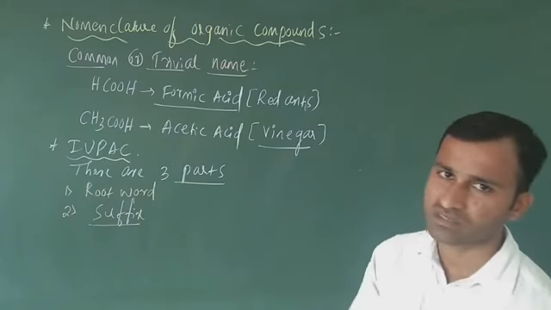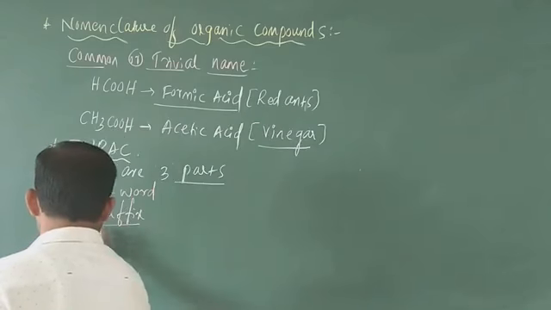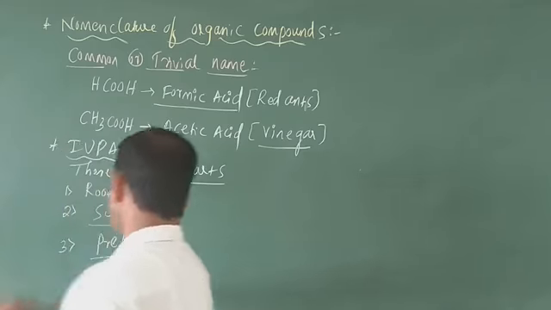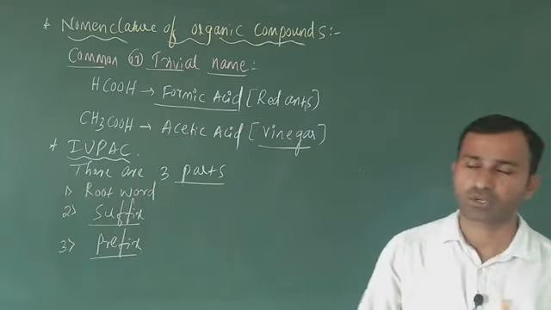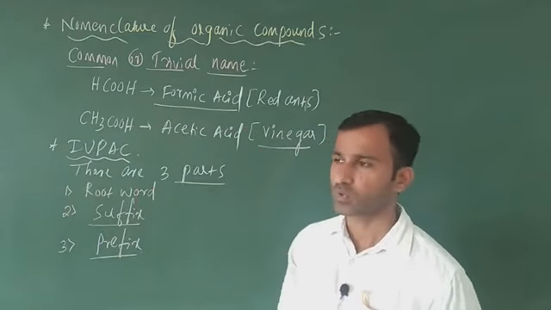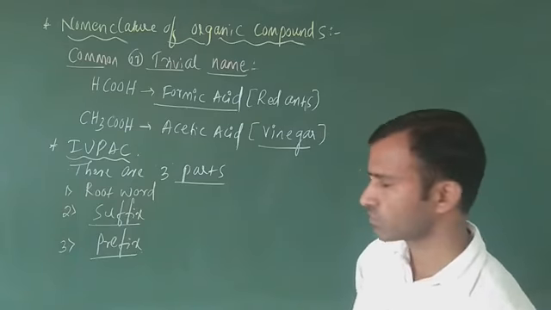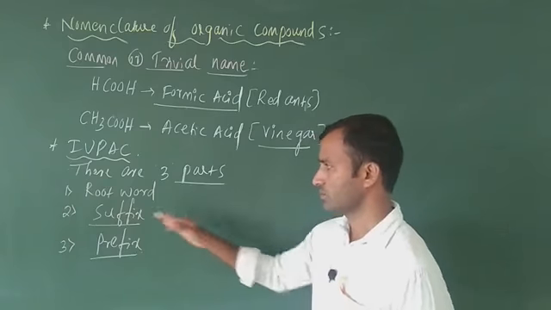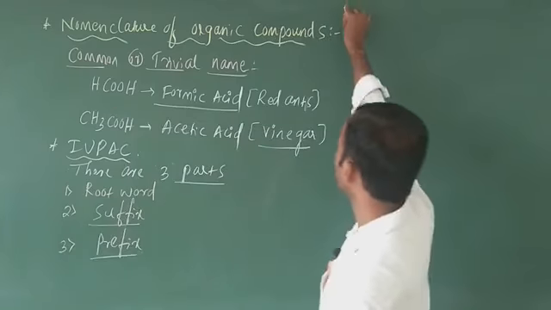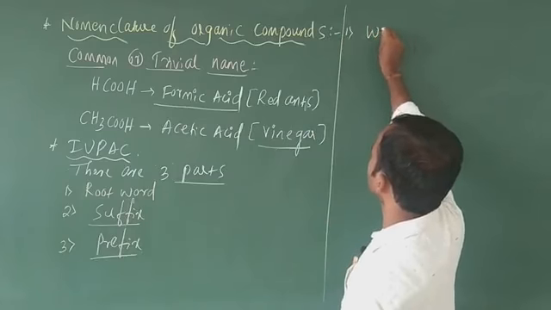The root word is the parent chain. The third is the prefix. These are the major parts. Afterwards the rules will come, totally 8 to 9 rules; some books mention 8 rules, some mention 9. We will study them later. Word root and root word are both the same. The first one is the word root.